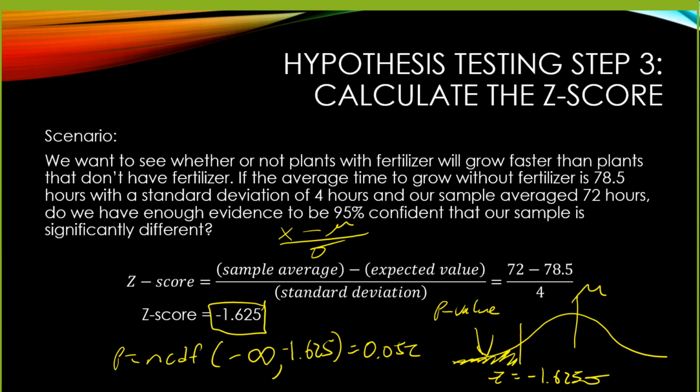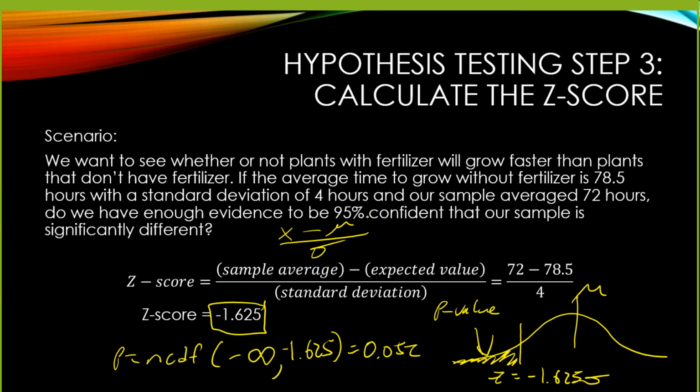We just said there's a 5.2% chance that a plant without fertilizer would be faster than our sample. So can we be 95% confident that our sample is different or not? Yes.